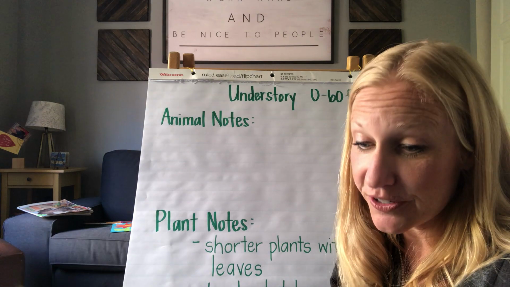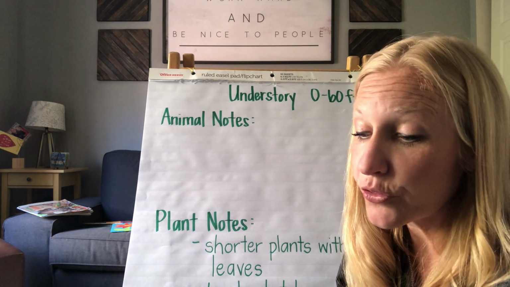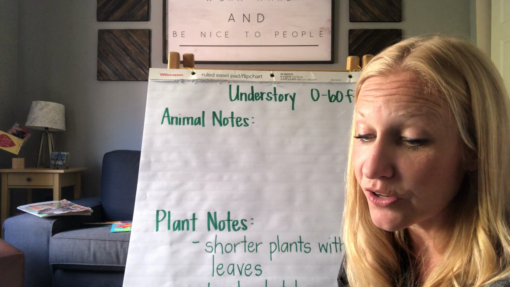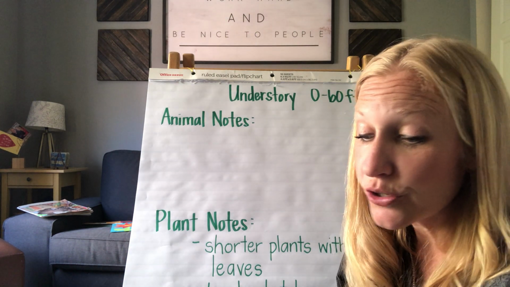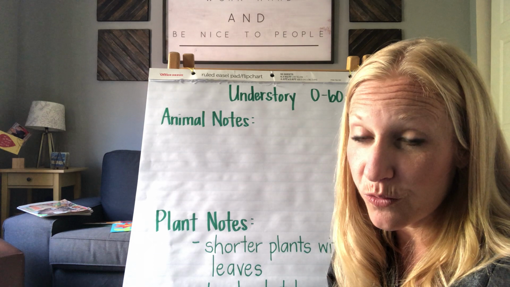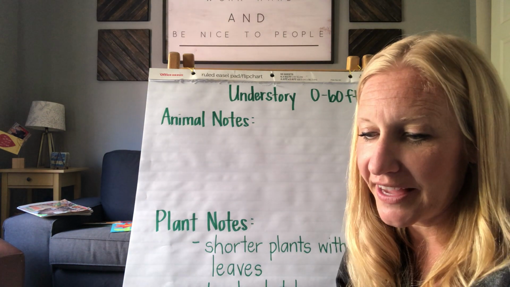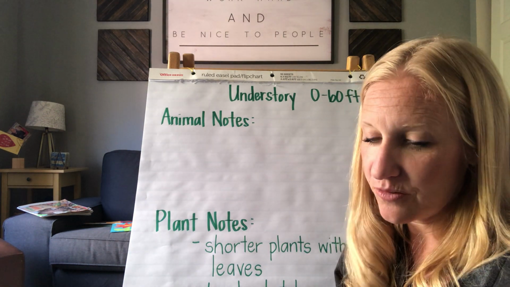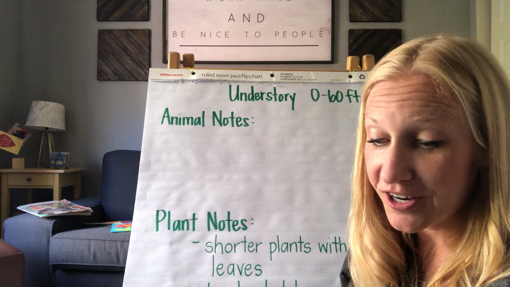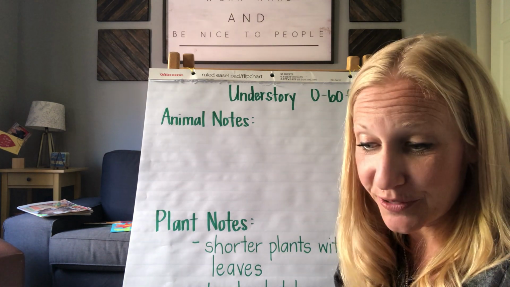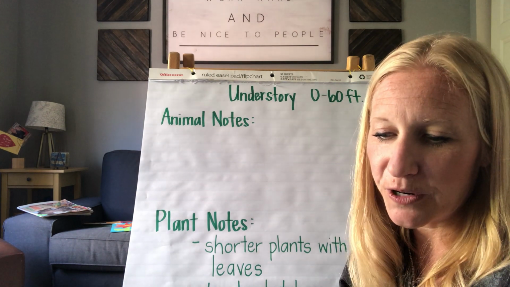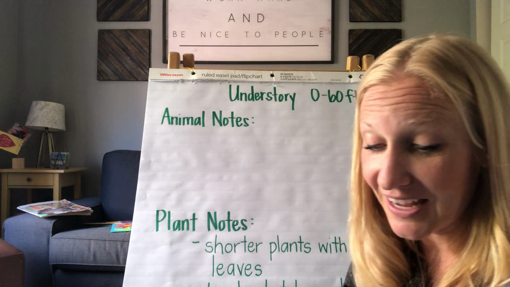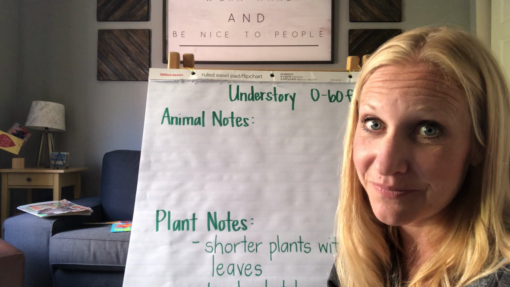Monkeys and leafcutter ants, for example, travel through the understory as they make their way from the canopy to the forest floor. Nocturnal animals like bats and owls make their homes in this layer. Some other animals in the understory are jaguars, leopards, sloths, red-eyed tree frogs, birds, butterflies, snakes, and lizards.